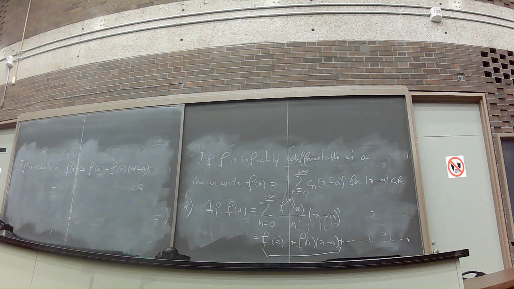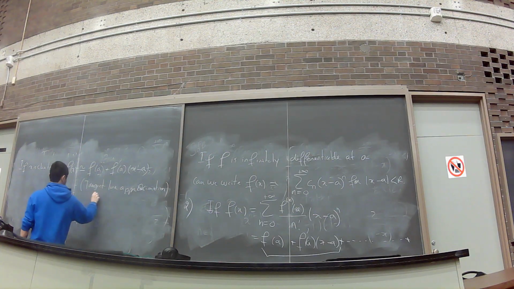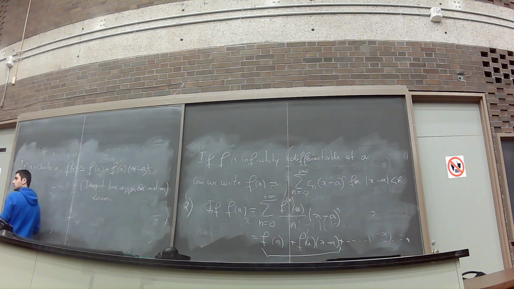No? Math 140. This is the tangent line approximation, or a linear approximation. Remember this from Math 140, or what is it, the other one? 139? You did this, no? 100% sure you did it. Yeah? This is a tangent line approximation.